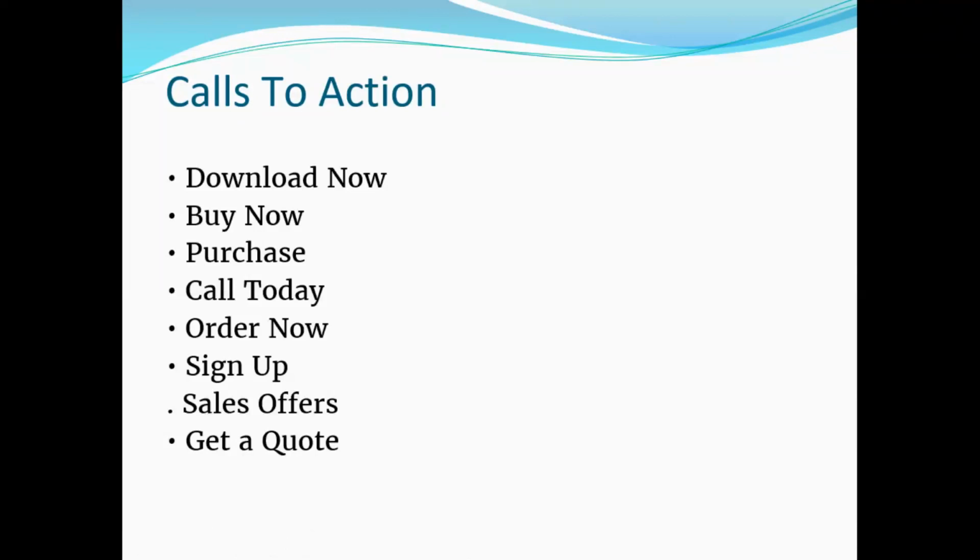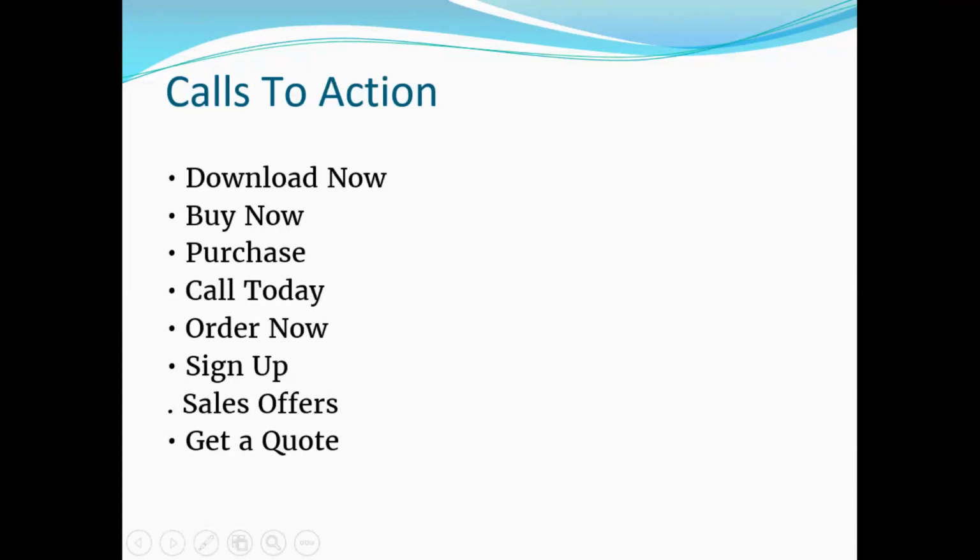Sign up is shown by the display and search network. Sales offers you can show on the shopping network and mobile apps, and on display ads also. Last one, get a quote, used by the mobile network, search network and display network. These are the options: download now, buy now, purchase.